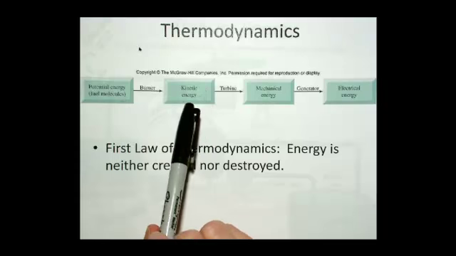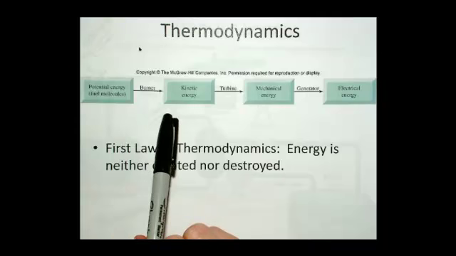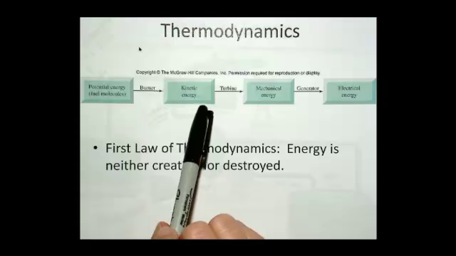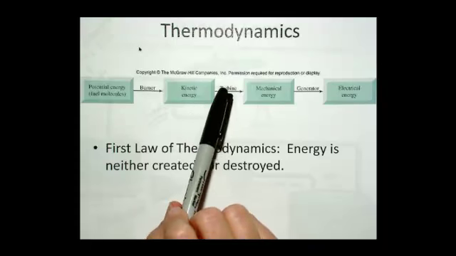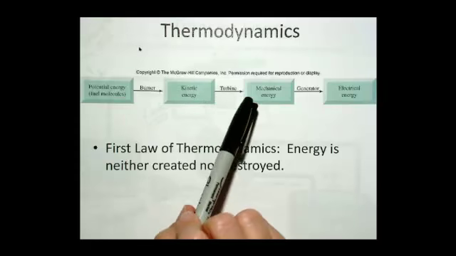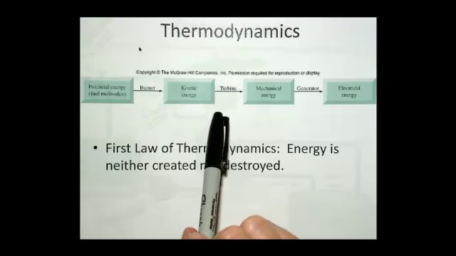So we have to go back and forth between kinetic energy and potential energy on a macroscopic scale versus a microscopic scale. But the microscopic kinetic energy of the molecules is what does the work to drive the turbine. So it is a conversion of microscopic kinetic energy to macroscopic kinetic energy, but it's still all kinetic energy. It's energy of movement.